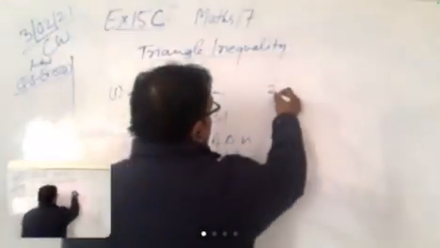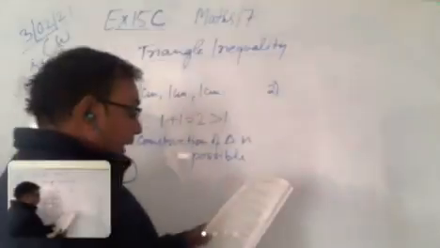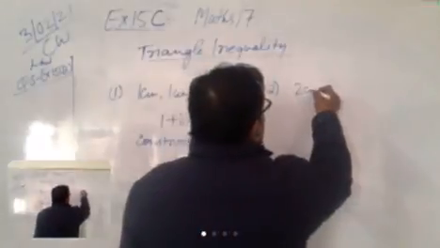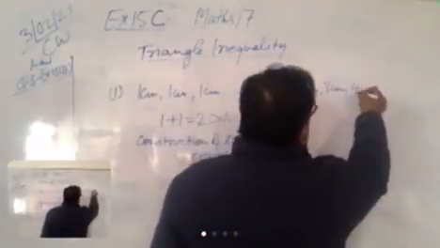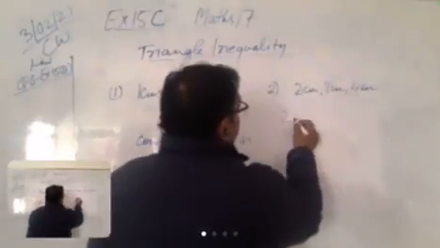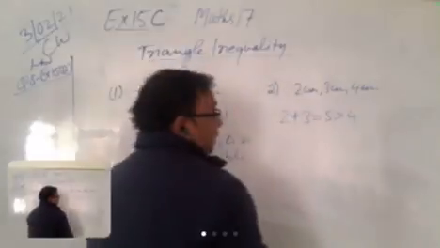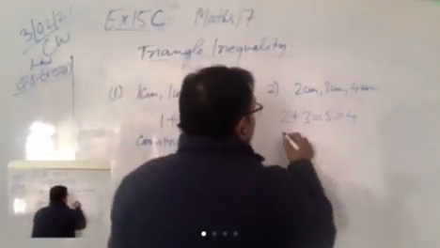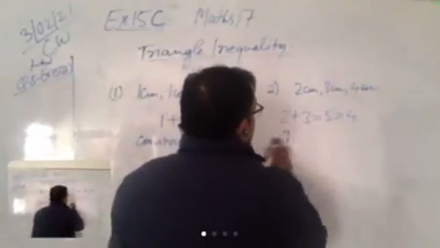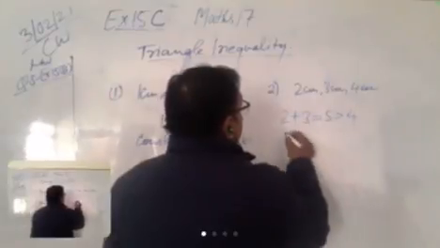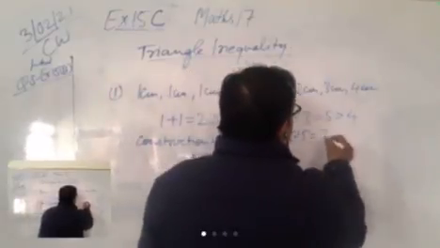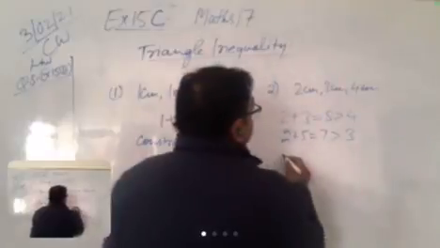Now see the second question. Second question is 2 centimeter, 3 centimeter and 4 centimeter. Now 2 plus 3 is equal to 5, which is greater than 4. Then 3 plus 4 is equal to 7, which is greater than 3.